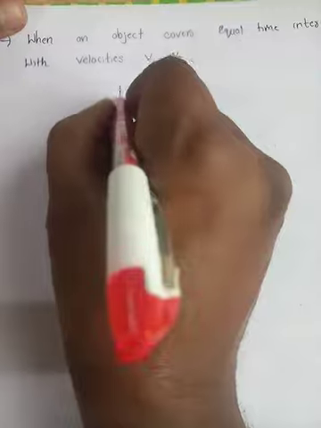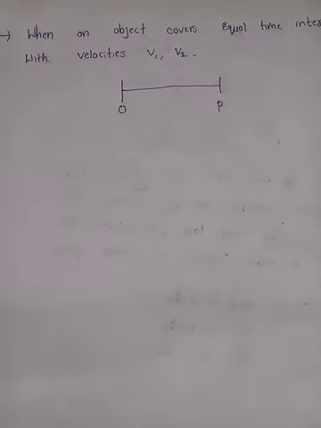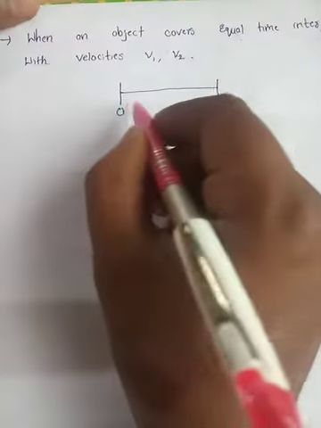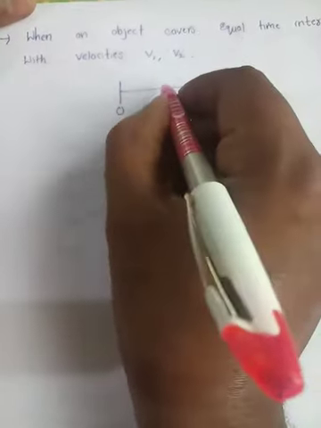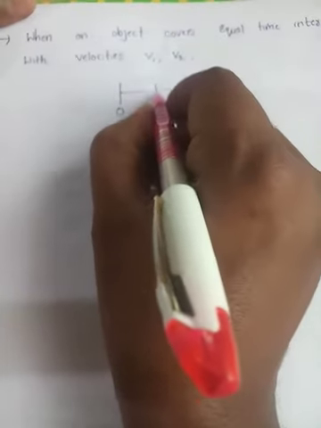First we will take the first two velocities. Let us take it as usual, same as distance. Here the object started at O and ended at P. Now the object starts to move and covers equal time intervals.